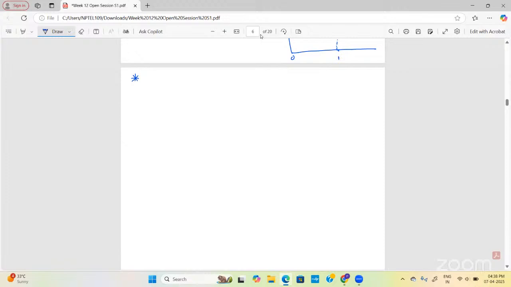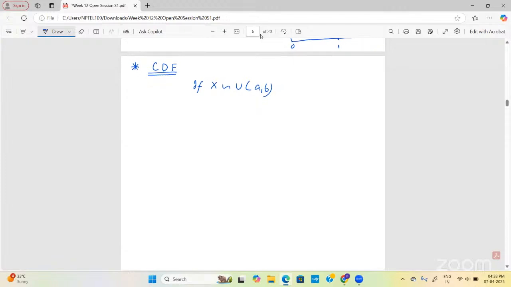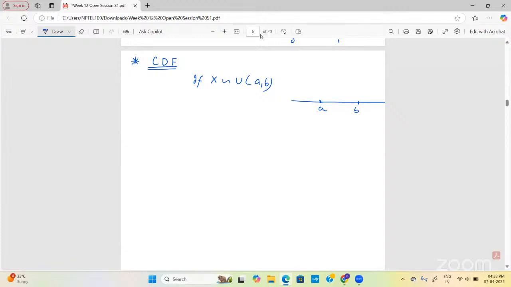Next, we have to see the CDF for the uniform distribution. If X is following uniform distribution (A, B), suppose this is the line, this is the range A and B. First of all, tell me, if X is less than A, then what should be the CDF in that case?